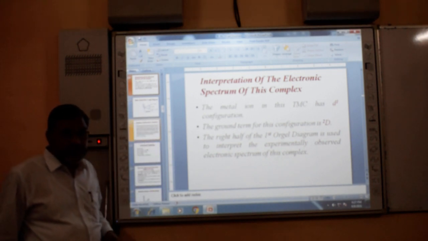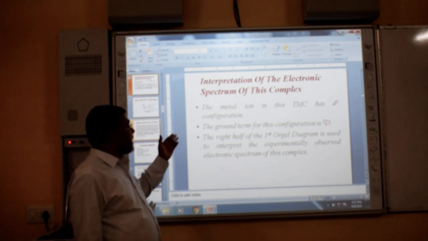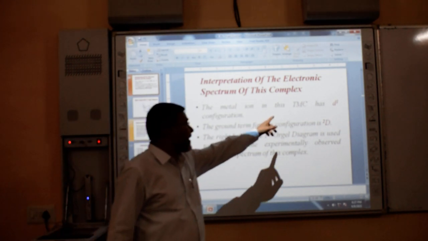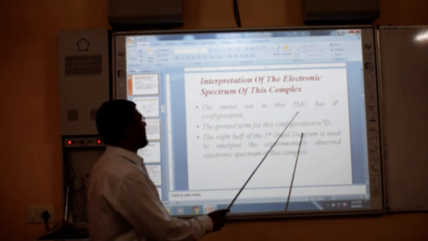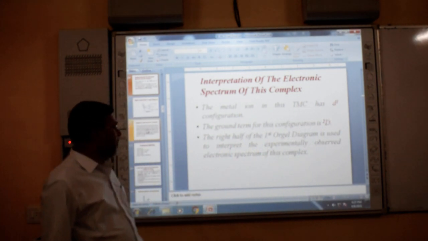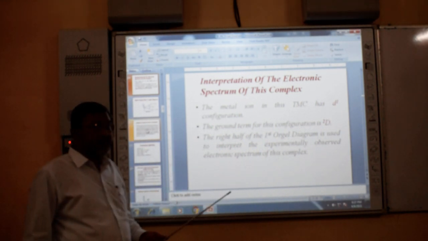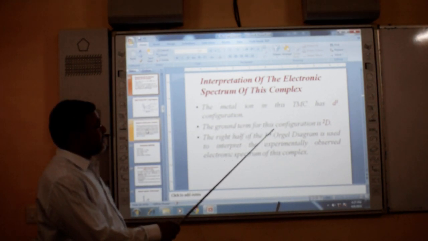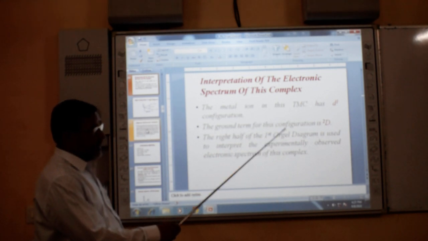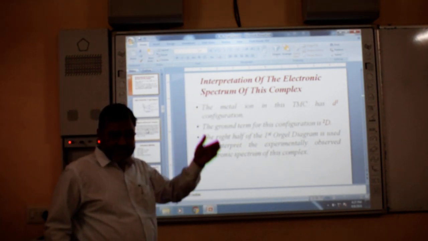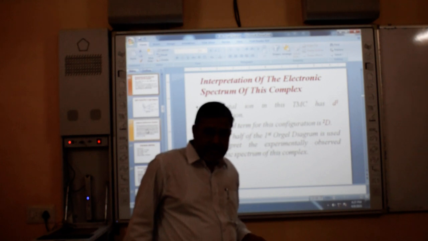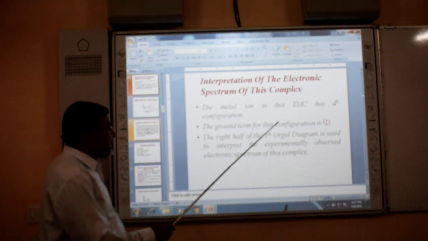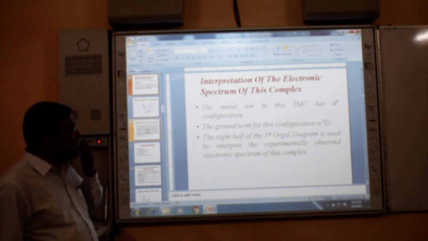Now we come to the interpretation part. The metal ion in this transition metal complex has d1 configuration. The ground term for this configuration is doublet D. We have already discussed the ground terms for the various electronic configurations. Now, which Orgel diagram do we have to use to interpret?